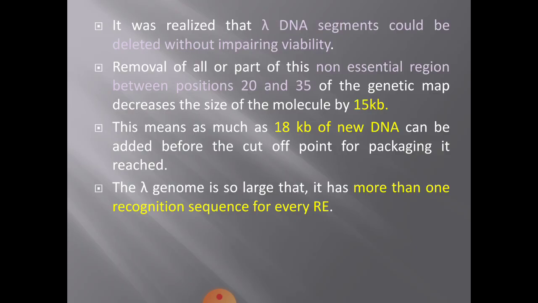Okay. Now, removal of all or part of this non-essential region. You know, the non-essential region lies between the positions 20 and 35 of the genetic map. Okay. So, if you remove part or total of this region of the genome between 20 and 35, this decreases the size of the molecule by 15 kb.